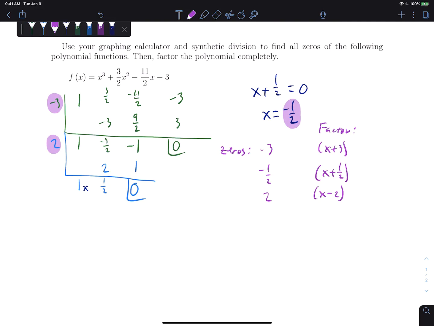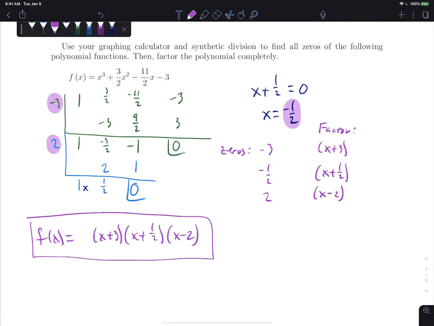All of these are multiplicity 1, so all of these will be exponent 1. So that means that the function itself can be written as x plus 3, x plus a half, and x minus 2. Notice that the leading coefficient is 1, so we still need the leading coefficient to be 1 here. And this will, in fact, be the factored form.